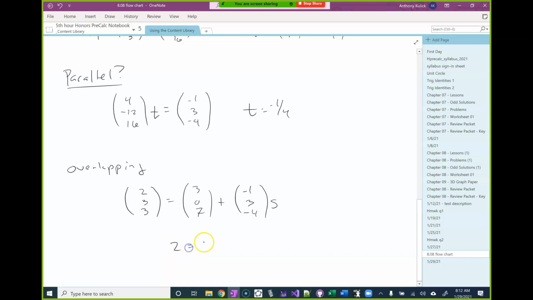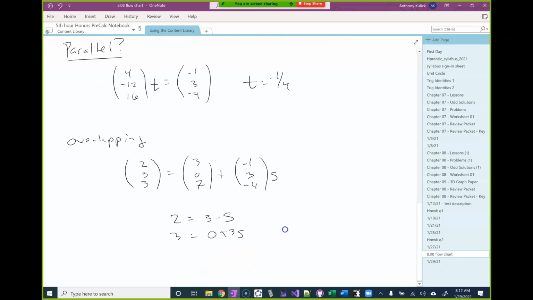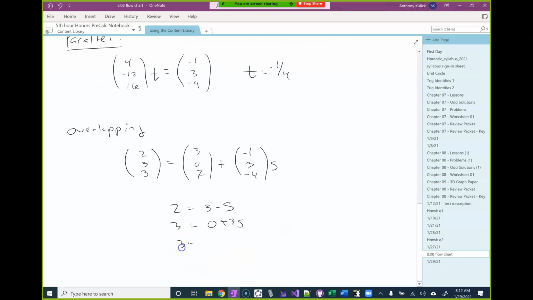So 2 equals 3 minus s, 3 equals 0 plus 3s, and 3 equals 7 minus 4s. Hopefully it's easy to see there that s has got to equal 1 in all three cases.